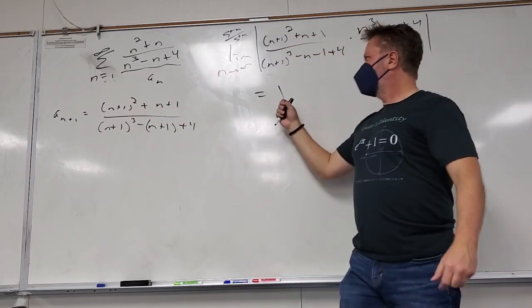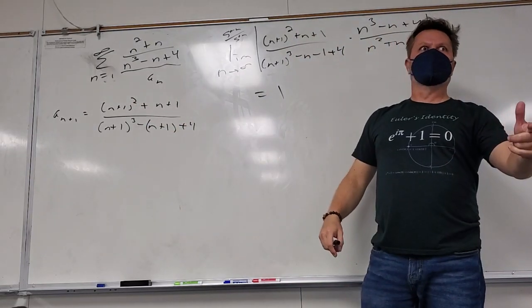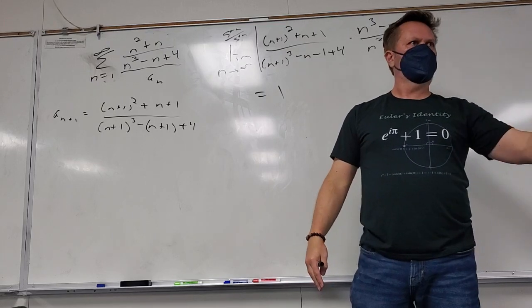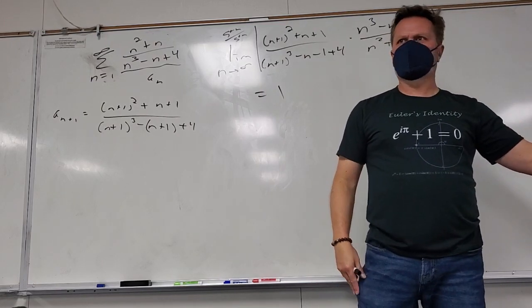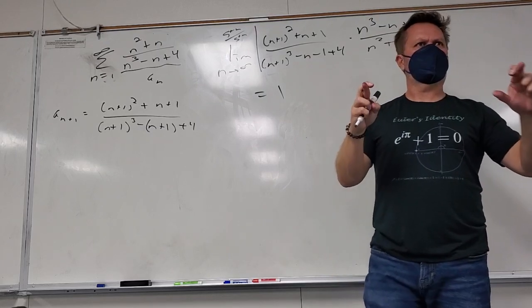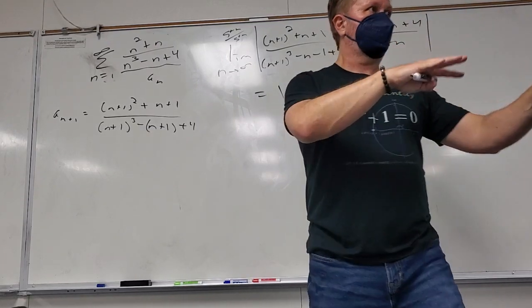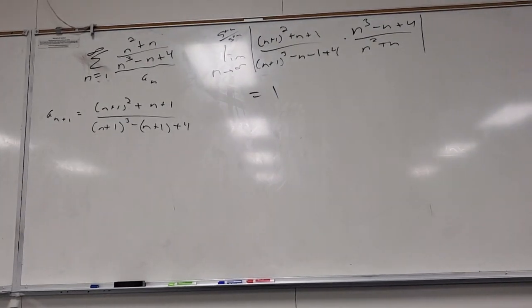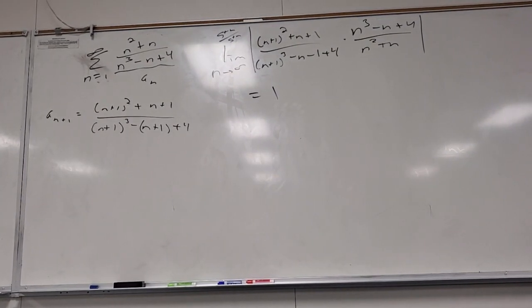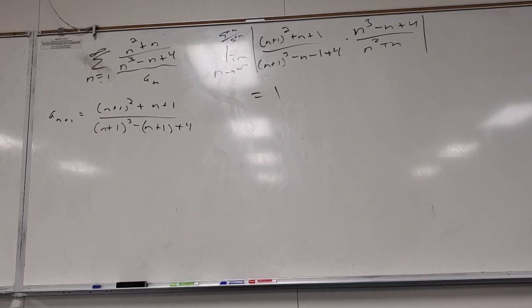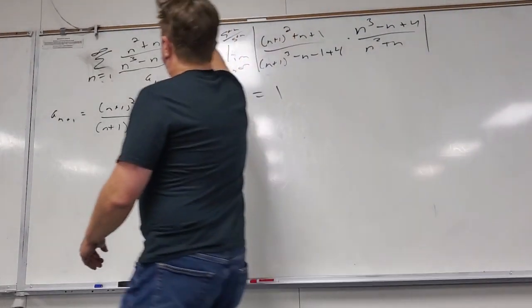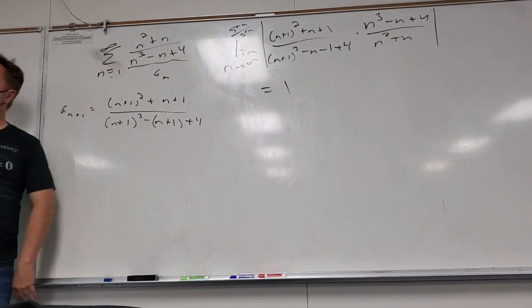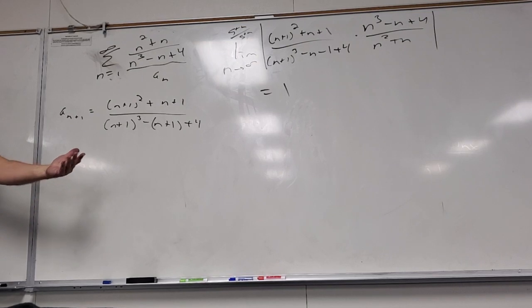So when I get a 1, that does suck because I don't know the answer yet, but it means there's some simpler way to do it, some other way to look at this from the beginning. Okay. You guys semi with me? So I wanted to show you a concrete example of when the ratio test fails. It couldn't tell me anything. And basically any rational expression, ratio of polynomials, will always have that same problem. There'll always be a 1, because there's an easier way to look at it.